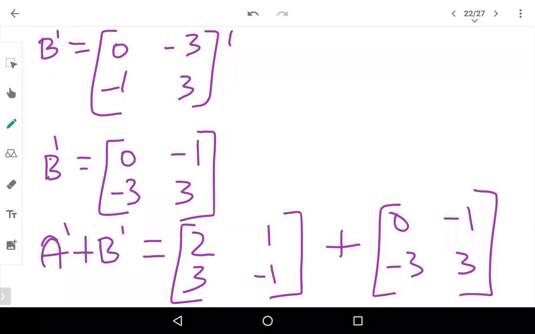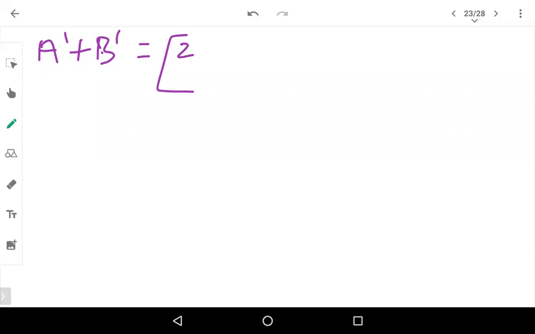Now add both of these matrices. So what do you get as A transpose plus B transpose? 2 plus 0, 1 plus minus 1, 3 plus minus 3, and then minus 1 plus 3.